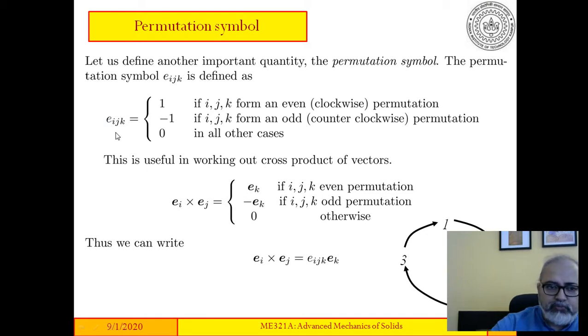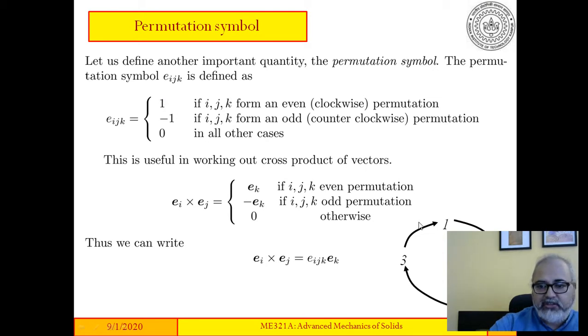And this is the law that we will use. Eijk is equal to 1 if i, j, and k form a clockwise permutation. So clockwise means 1, 2, 3 is a clockwise permutation, 3, 1, 2 is a clockwise permutation, 2, 3, 1 as well. These are clockwise permutations and they will give a value of 1.